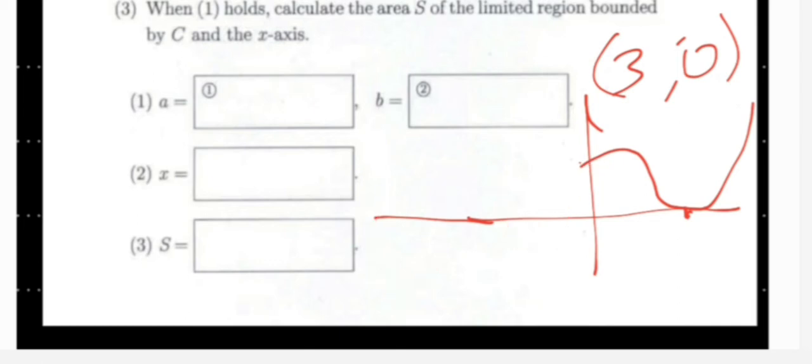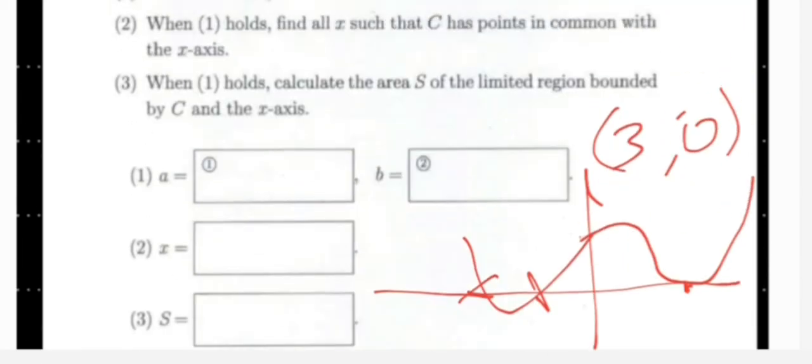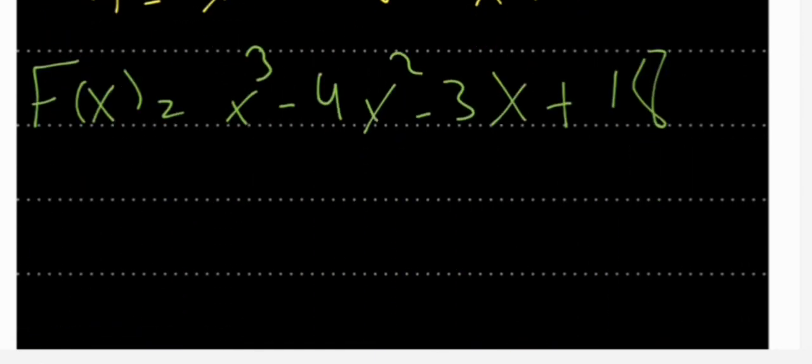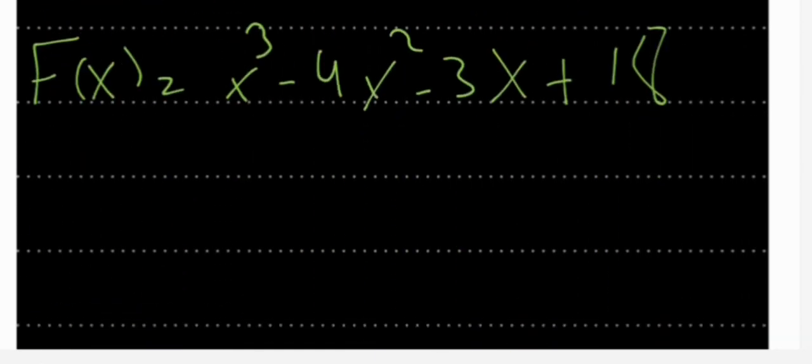It's a cubic function, so maybe like this, I don't know. So let's find these points of intersection. We know that there is a point of intersection already. What point is it? When x equals 3, x equals 3 is a point of intersection.